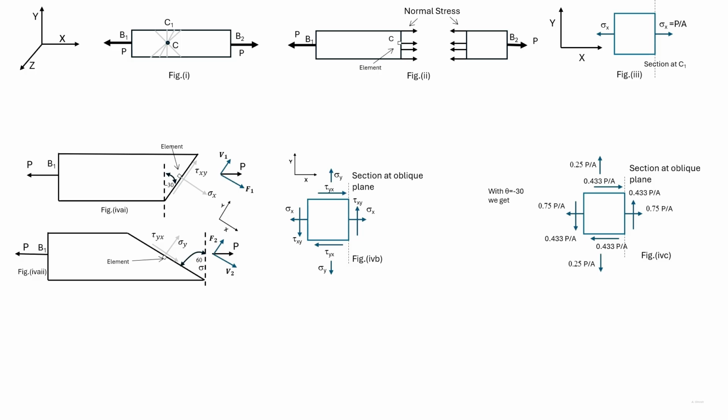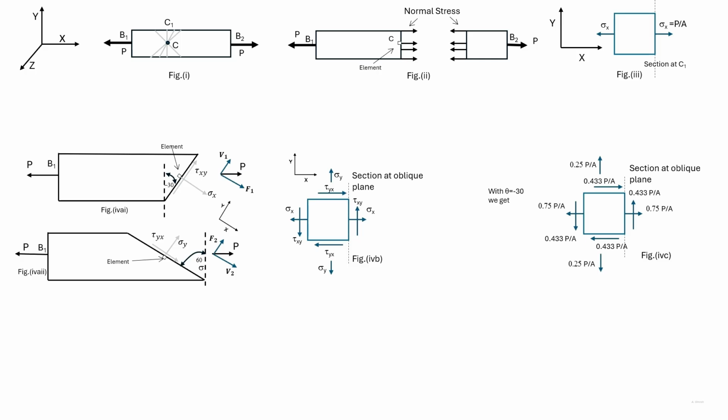In the last slide, we discussed stresses on a section that is oblique in a bar subjected to tensile loads. So on one hand, we had discussed elements, while on the other hand, we have discussed sections and stresses acting on it.